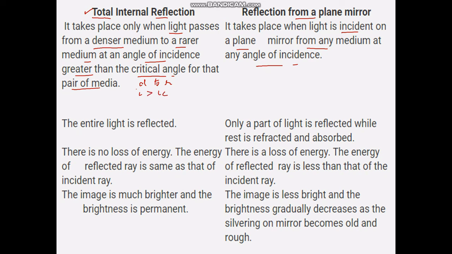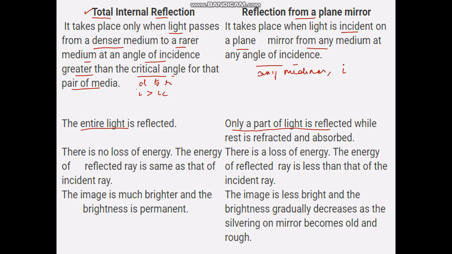But reflection will occur in any medium and there can be any angle of incidence. Here, in total internal reflection, entire light is reflected, whereas in a regular reflection, only a part of light is reflected, while the rest is refracted and absorbed.